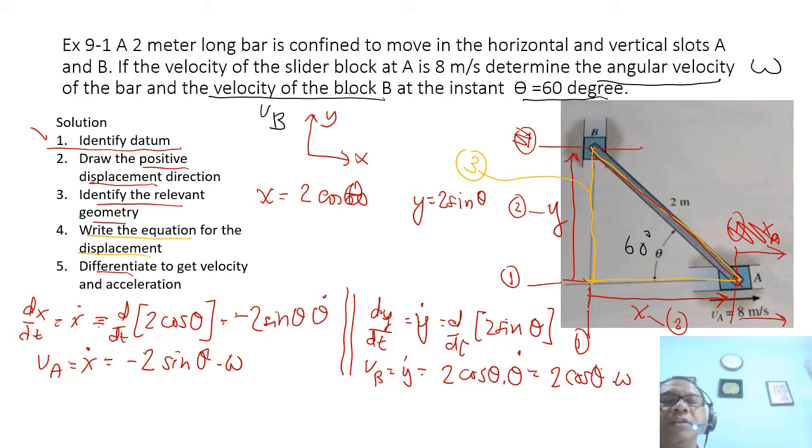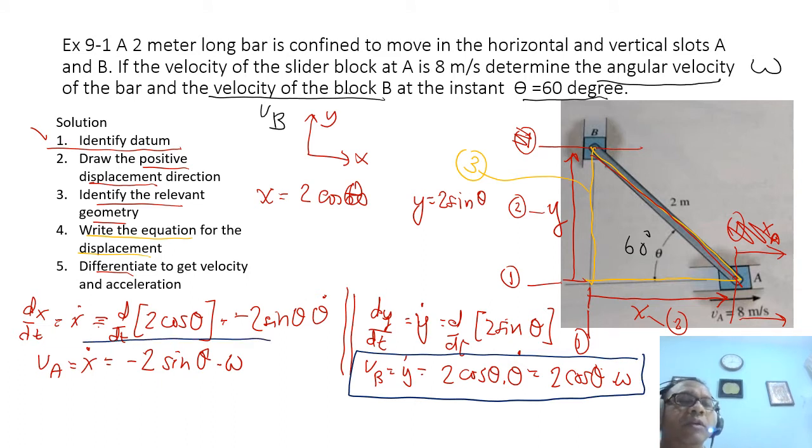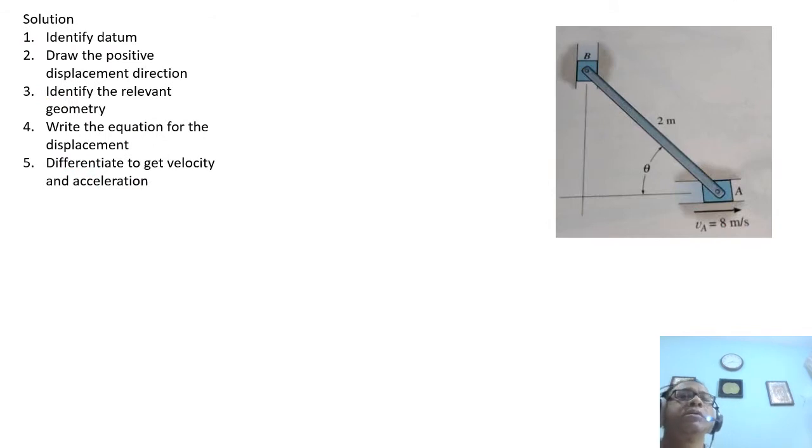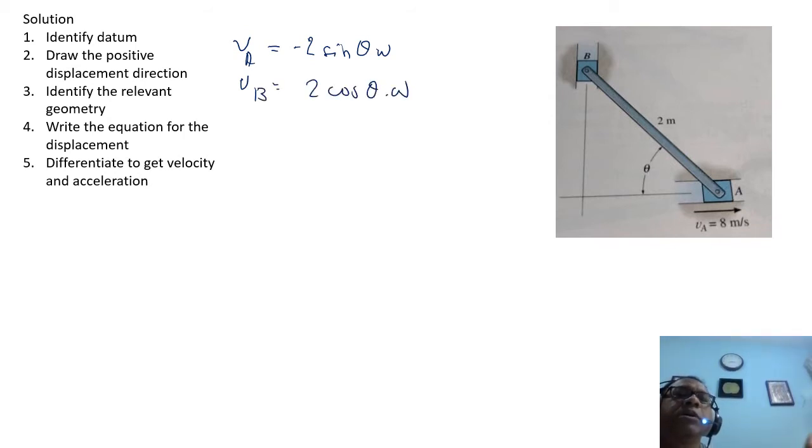So we have the relationship between VB and VA: VA equals minus 2 sin theta omega, and VB equals 2 cos theta omega.